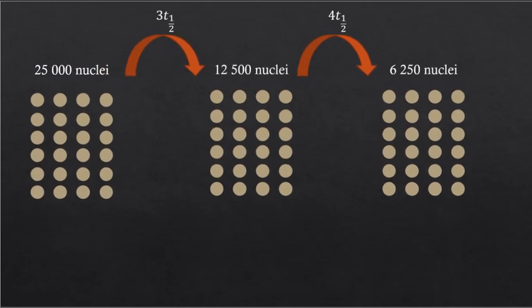Then after three half-lives, it becomes 12,500, which is 25,000 divided by 2, or 100,000 divided by 2 to the cube. Lastly, after four half-lives, it becomes 6,250 nuclei, which is 12,500 divided by 2, or 100,000 divided by 2 to the fourth.